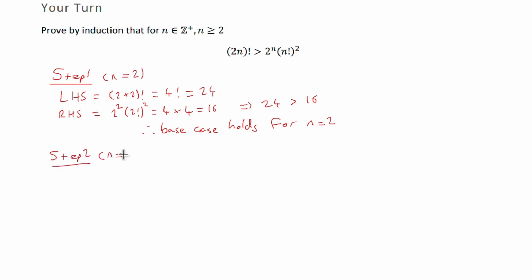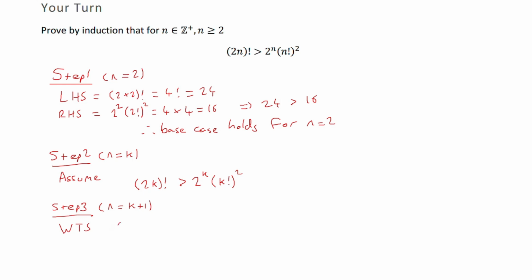Step 2 is when n is equal to k, is our assumption. So we're going to assume that 2k factorial is bigger than 2 to the k times k factorial squared. Step 3, our inductive step when n is equal to k plus 1.